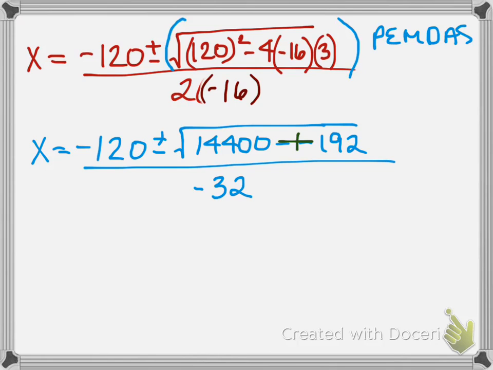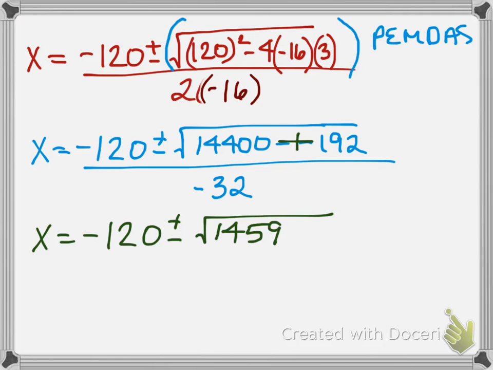So I have 14,400 plus 192. So that changes to x equals negative 120 plus or minus the square root of 14,592. And then that's all divided by negative 32.